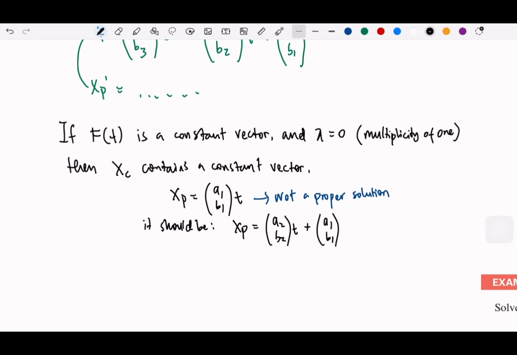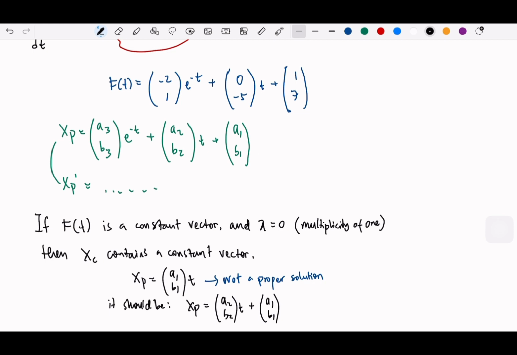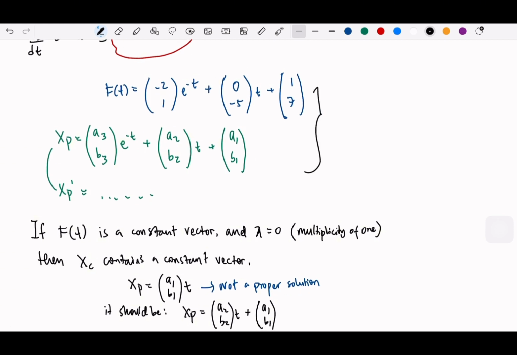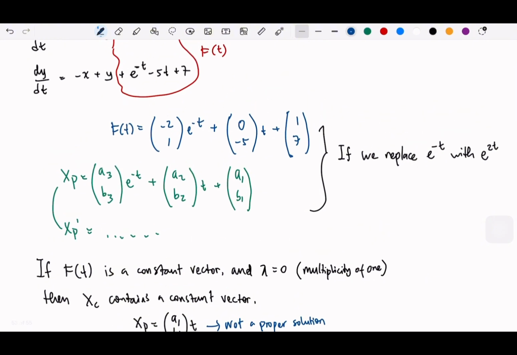And similarly, if this example here, if we replace e with power of negative t with e with power of 2t, and of course 2 is the eigenvalue, then this will cause a problem.